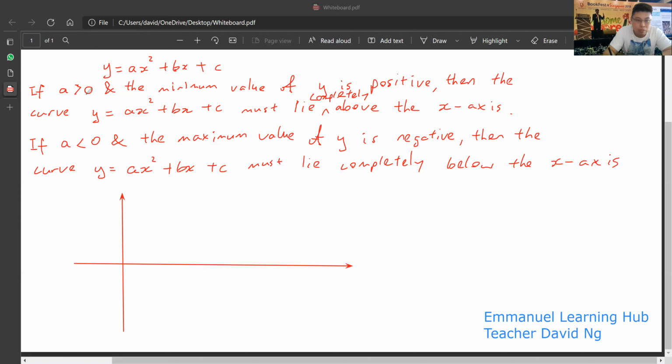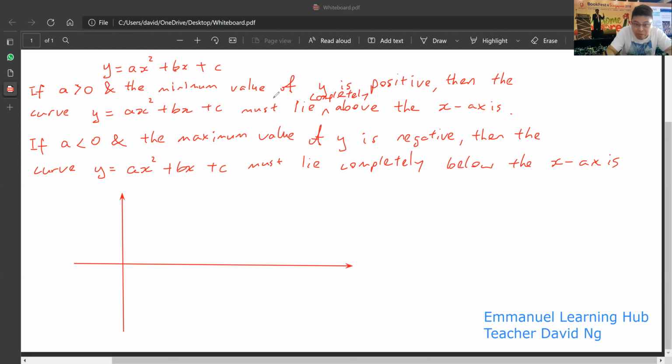If a is positive, you have a U-shaped curve. Imagine it's a U-shaped curve.